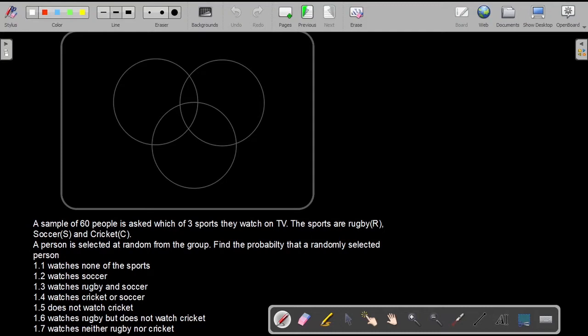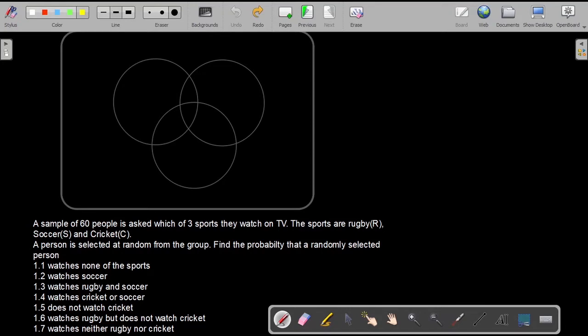Here's what we have: we are given some information down here, as well as the Venn diagram which is associated with the information. We're told that a sample of 60 people is asked. This is where I'm reading down here. A sample of 60 people is asked which of 3 sports they watch on TV.